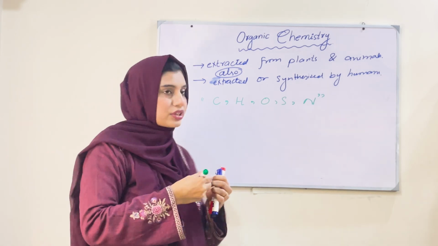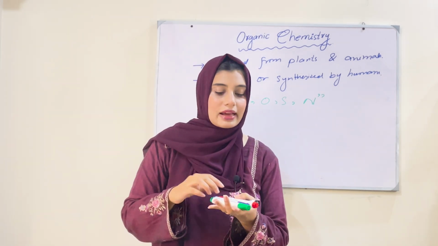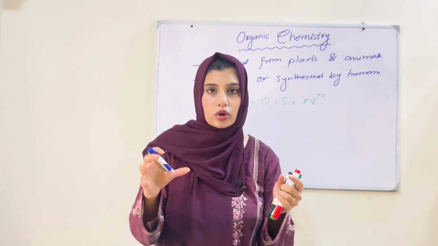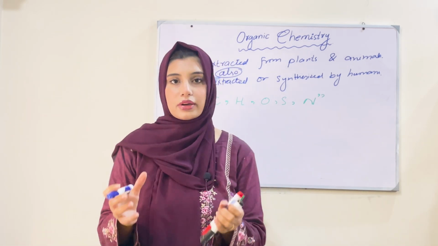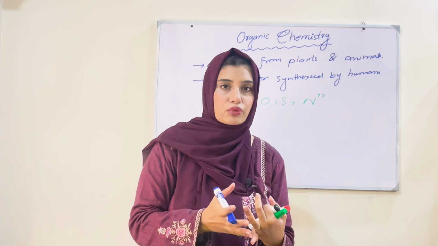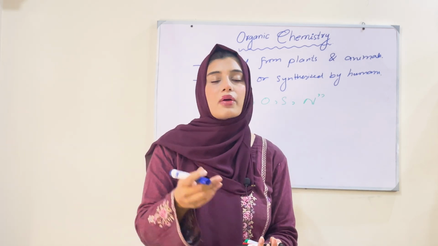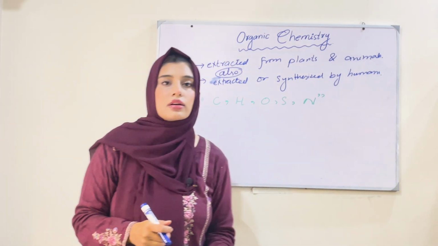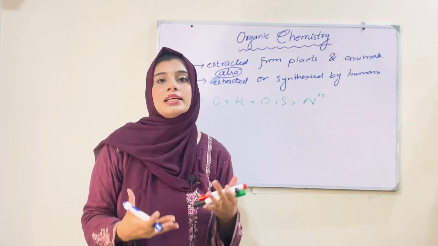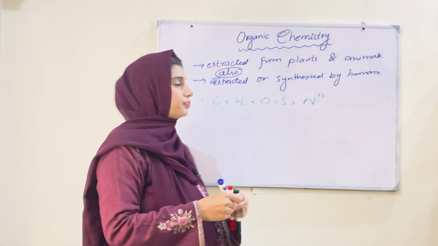So the modern definition of organic chemistry is any compound in which the basic skeleton or chain is of carbon and hydrogen, and in which there can be oxygen, sulfur, nitrogen, and some other elements as well. These compounds are known as organic compounds, and the study is known as organic chemistry.